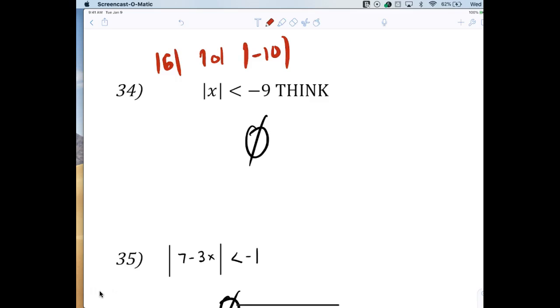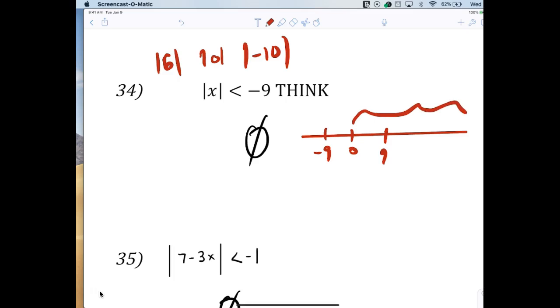So what number, when I take the absolute value, is less than a negative? No number. Right? If you were doing it on the number line, here is 9, here is negative 9 way over here, and here is 0. Every absolute value answer is going to be over here.